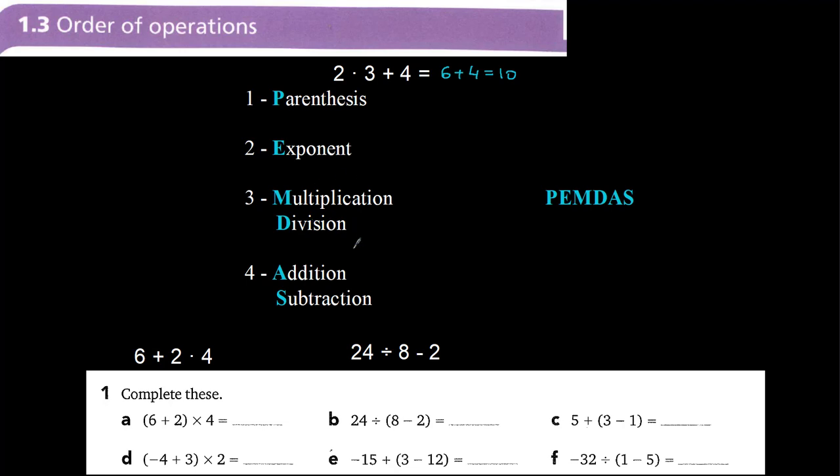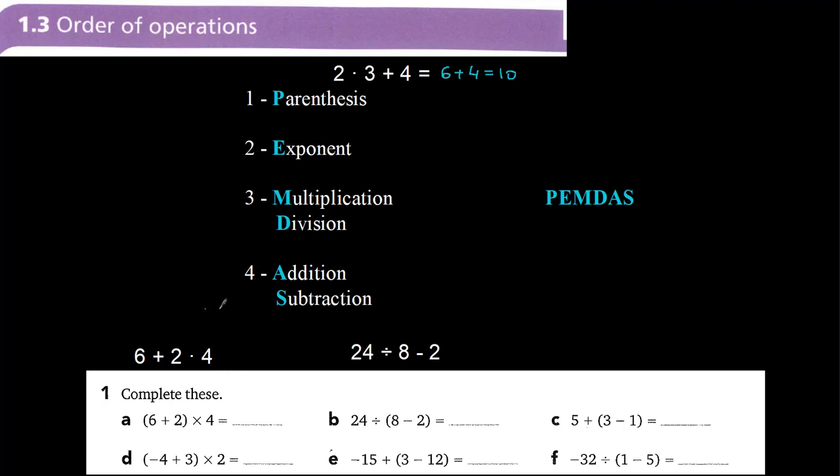It is not important. Then addition or subtraction. Which comes first? It is not important. So when we take the first letters, it becomes PEMDAS: parentheses, exponents, multiplication, division, addition and subtraction.